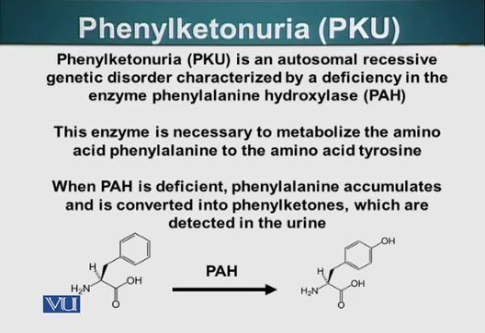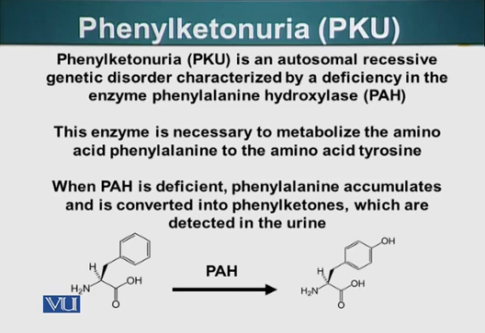There are certain genetic disorders that can be, and phenylketonuria, an autosomal recessive disorder, is one of those. Phenylketonuria is characterized by deficiency of an enzyme called phenylalanine hydroxylase, or PAH abbreviated. This enzyme is necessary to metabolize amino acid phenylalanine into amino acid tyrosine.